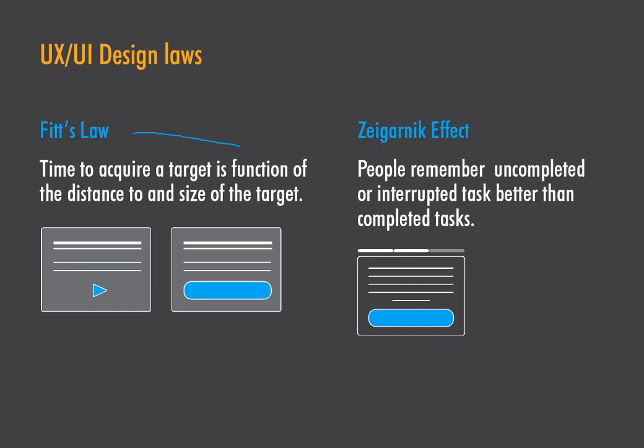It's talking about button sizes. Which one is the easiest for you? Is it to click this one or this one? Well, okay, anyway. The next law is the Zeigarnik effect. It implies that people remember uncompleted or interrupted tasks better than completed tasks.